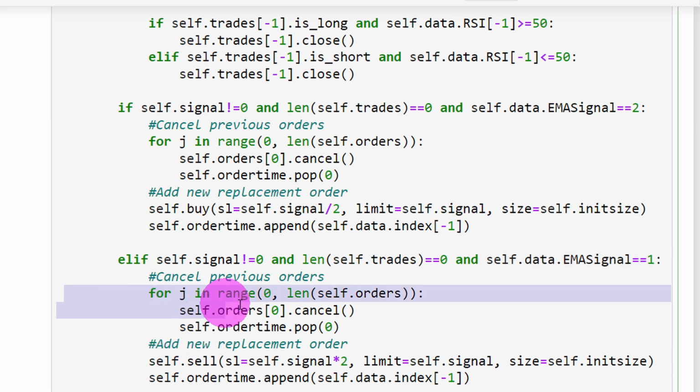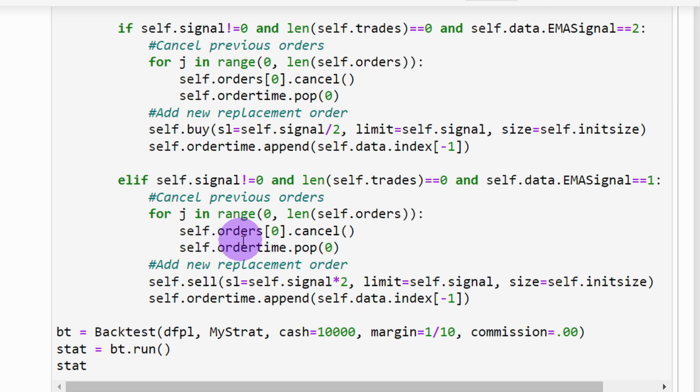It means we are canceling all the previous orders, taking only the most recent one, and passing a selling order with a limit that is equal to the current signal value, which is the closing price plus the 3% of price difference, and for the same size of the trade. At the same time, also, we are adding the order time into our order time list. So these are the details of the code.